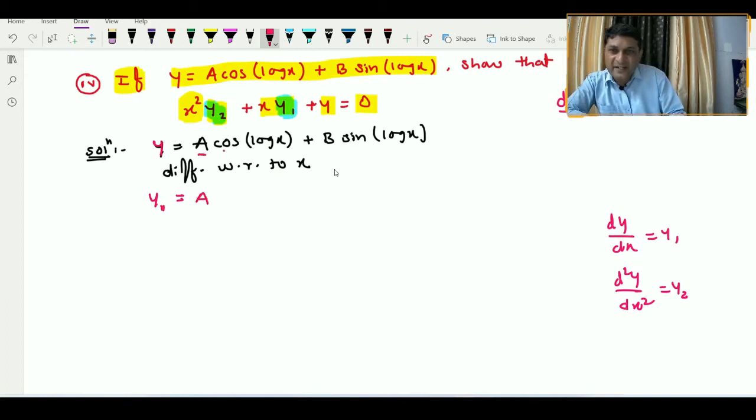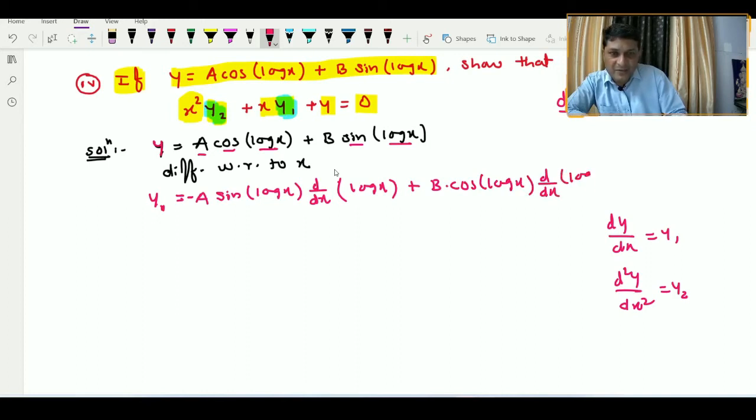Now we are finding the derivative of cos log x. The derivative of cos log x is minus sine log x into the derivative of log x. Observe the second term, plus b as it is, the derivative of sine log x will be cos log x into the derivative of log x.